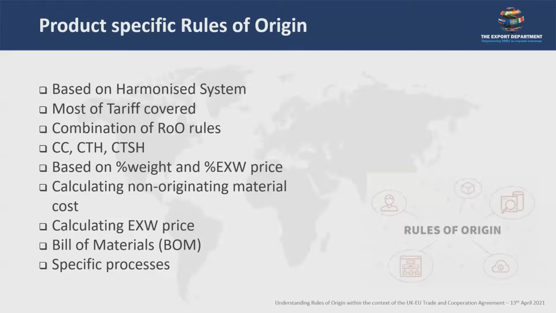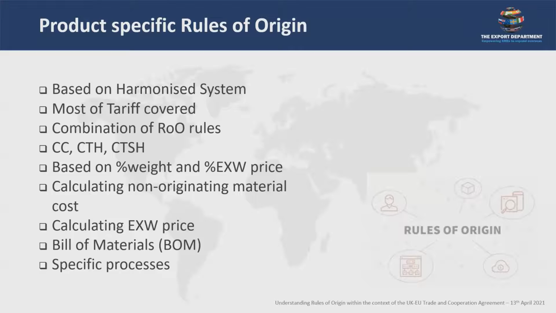But then quite often with certain goods, they'll combine that change of tariff classification either with a maximum value of non-originating material, or it will be an either or, so change of tariff classification, or alternatively you can use the value added rule.